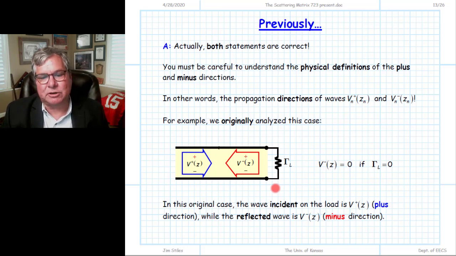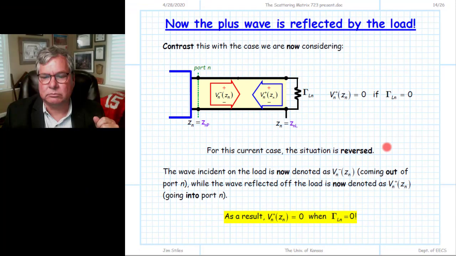For the terminated transmission line, we generally made z increasing as we move toward the load. So the incident wave in this case was the plus wave, and therefore the reflected or scattered wave was the minus wave. And so the result was that the reflected wave is equal to zero. The reflected wave happens to be the minus wave in this case because of how we did our index, and that's why we came to this conclusion for this particular structure and this particular index.